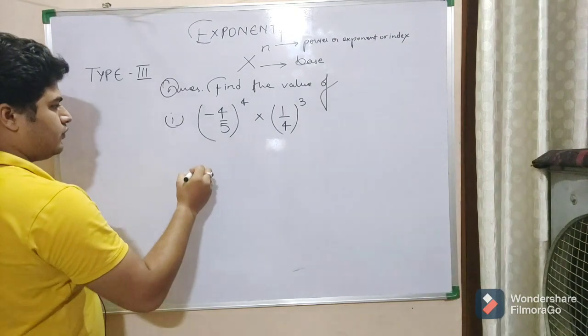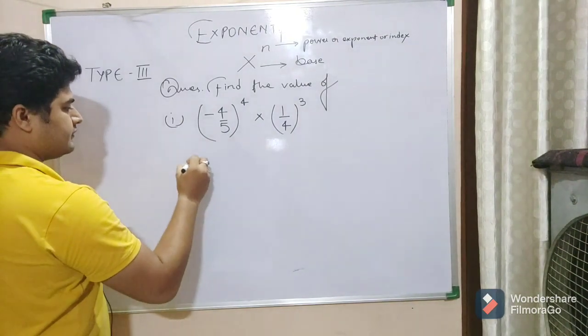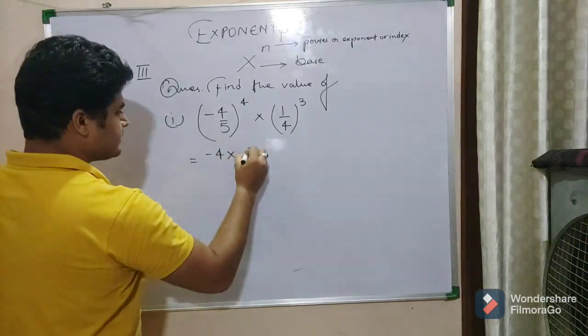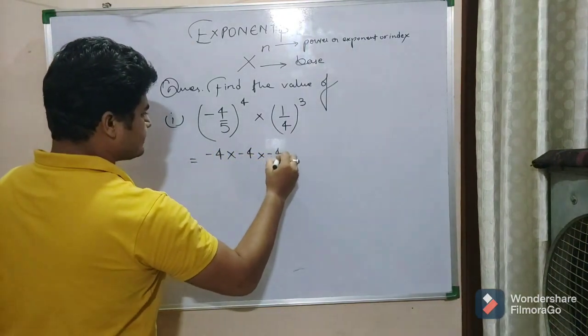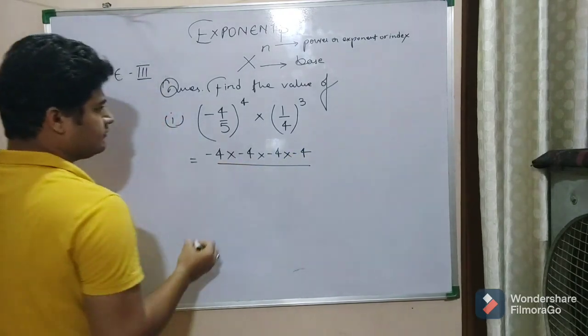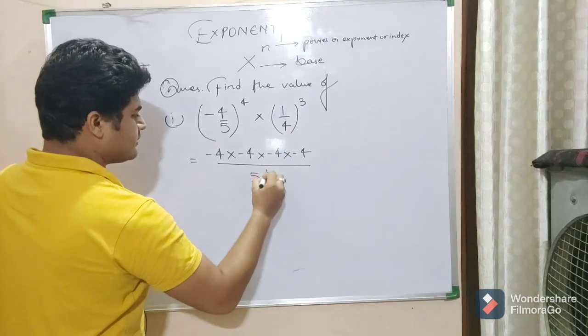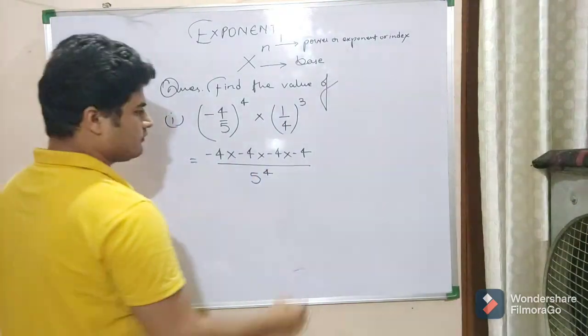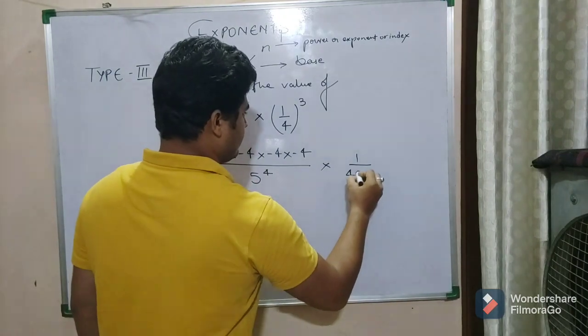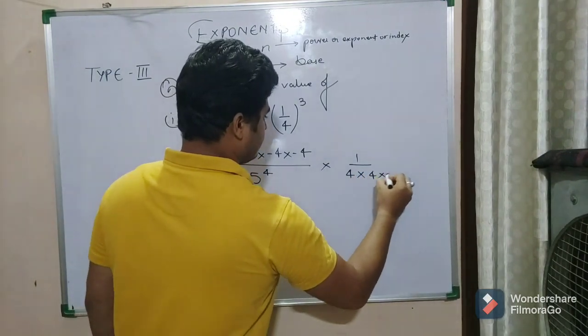Now what you can do, you can write it as -4 into -4 into -4 into -4 upon 5 raised to the power 4, multiplied by 1 upon 4 into 4 into 4.